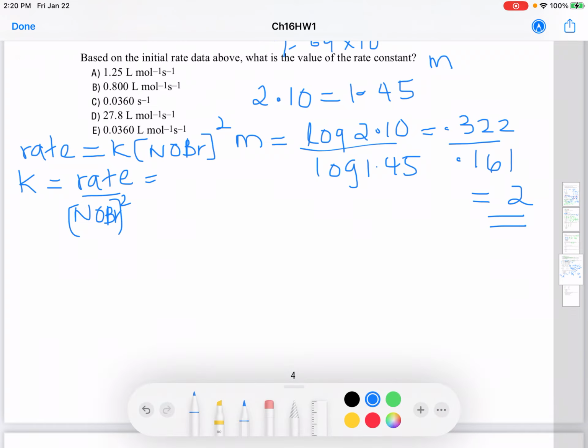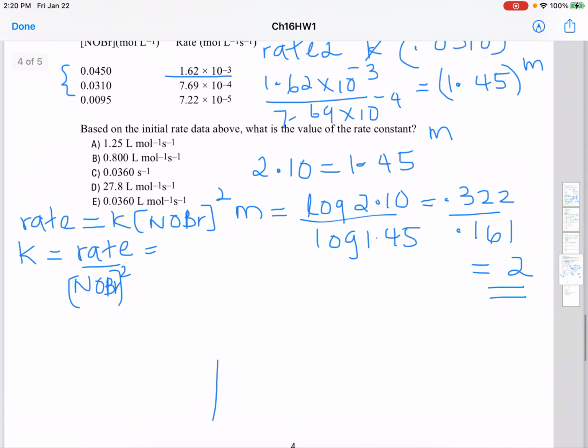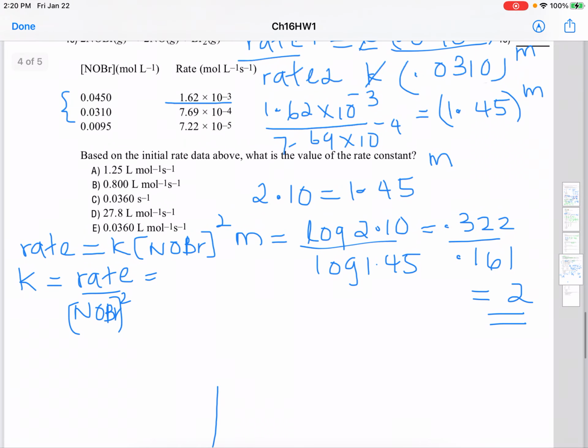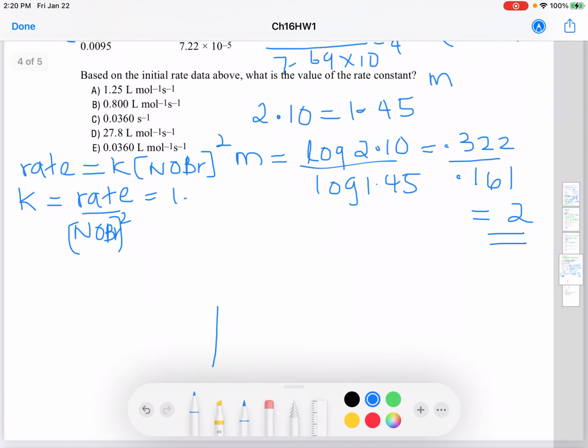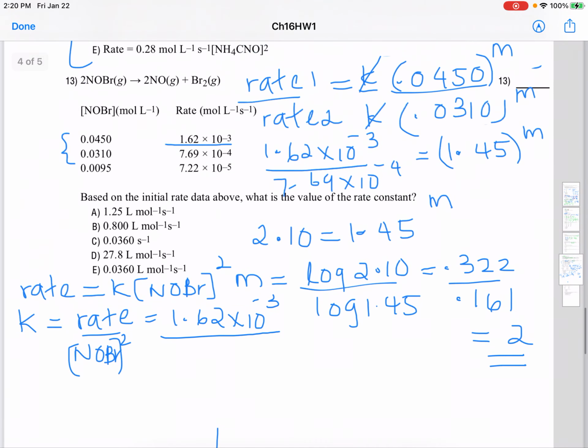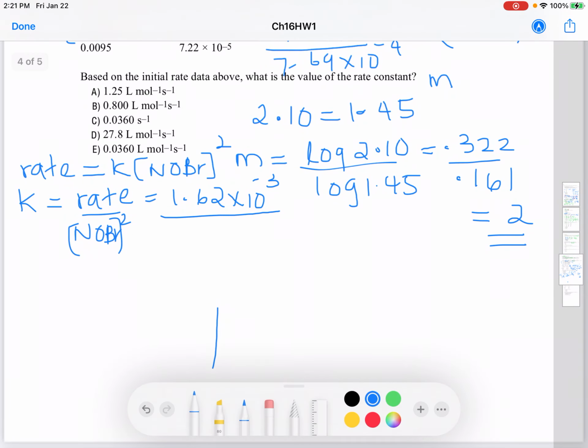So if you use the first one, 1.62 times 10 to the negative 3 over the concentration of NOBr, for that 0.045, and then we found the order as 2.